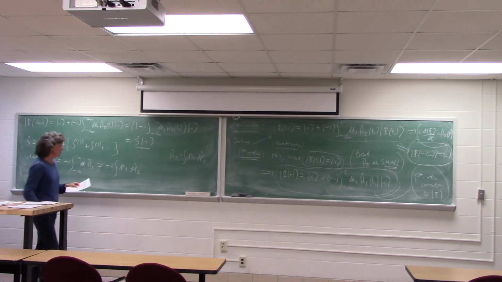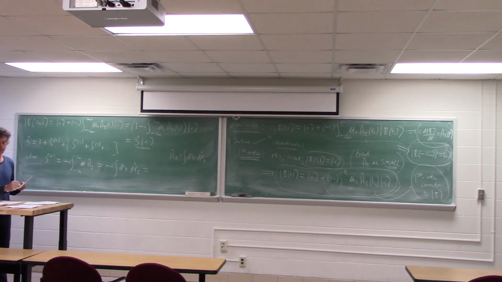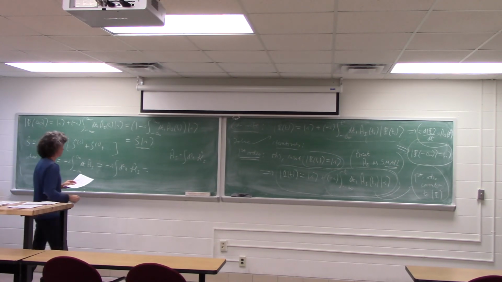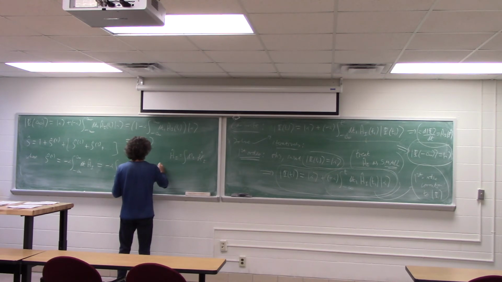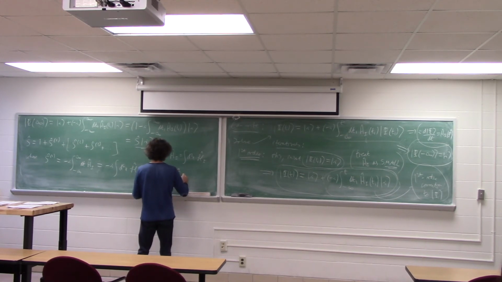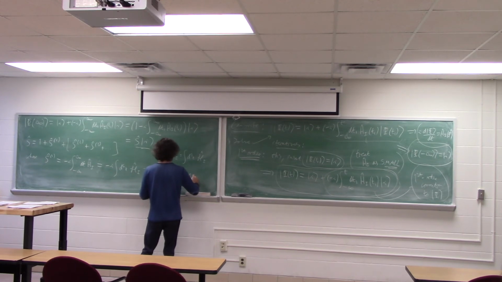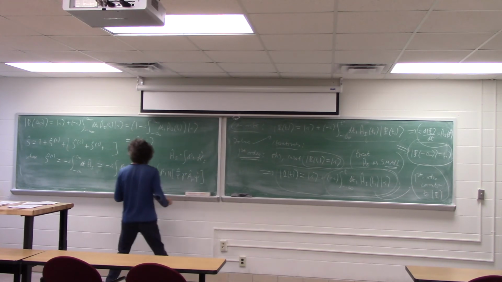So now, if you look back in your notes and find what our interaction Hamiltonian density is in terms of psi and A, in terms of our field operators, you should get the following expression: ie times the integral over space-time of the normal product of psi bar gamma^mu A_mu psi, where these are operators.